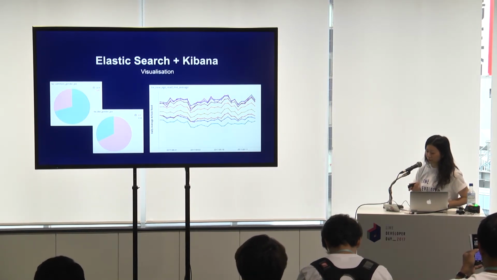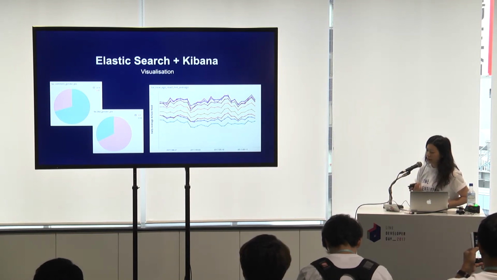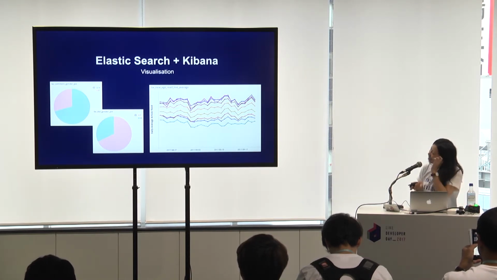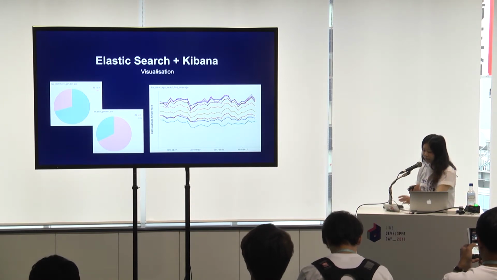That's pretty interesting. And on the right-hand side, you can see the average page view for different age groups. Sorry that I cannot reveal which line indicates which age group, but this is how we do the analysis.